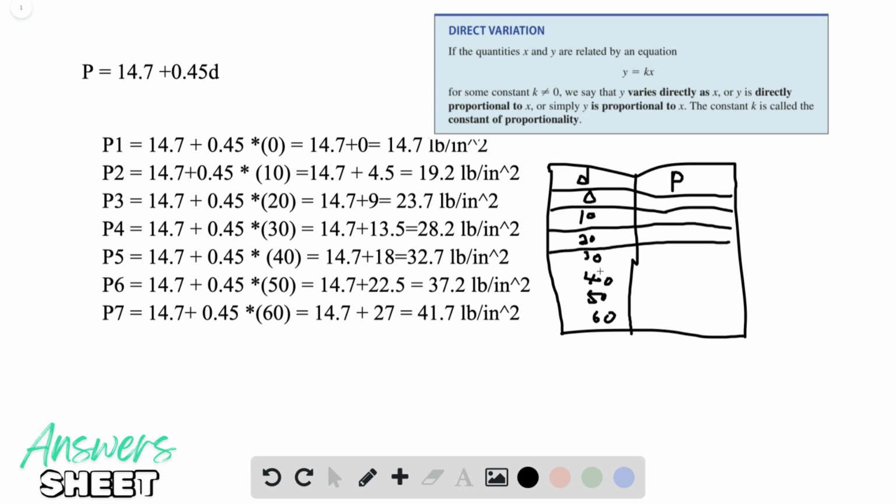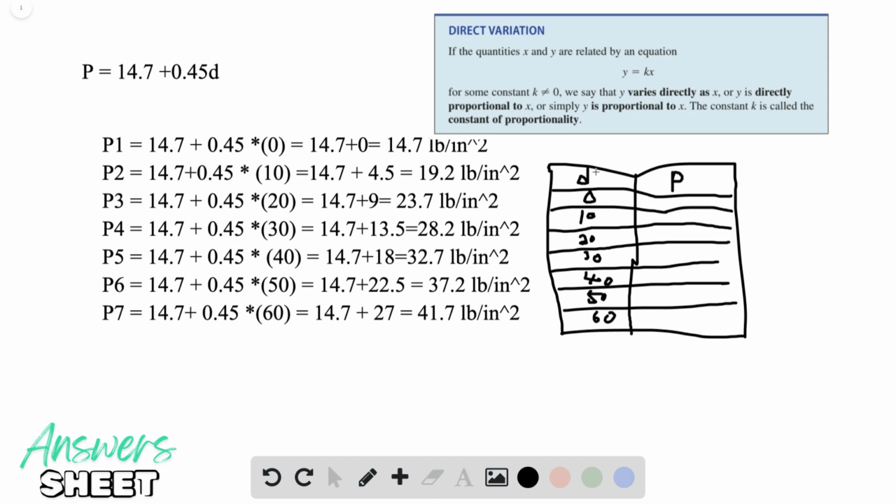So this column will be the P1, P2, P3, P4, P5, P6, and P7 values. So this will be 14.7, 19.2, 23.7, 28.2, 32.7, 37.2, and 41.7.